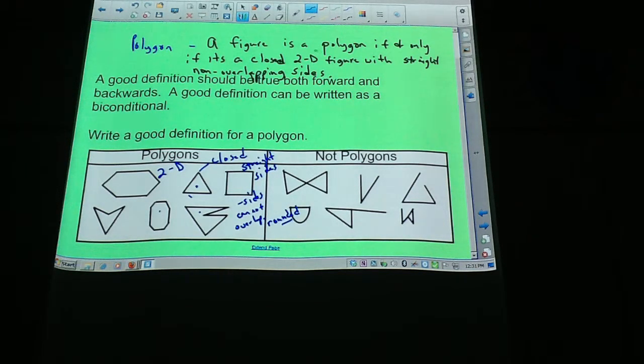I think that would describe all of these, but leave out the ones that would not be polygons. So that would be something close to the definition of a polygon. That would be a good definition.